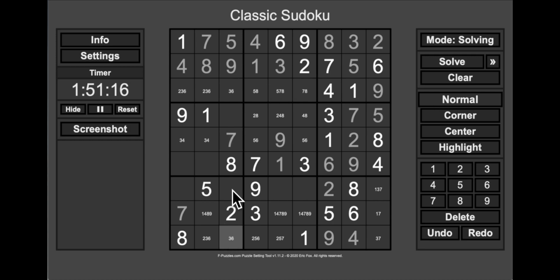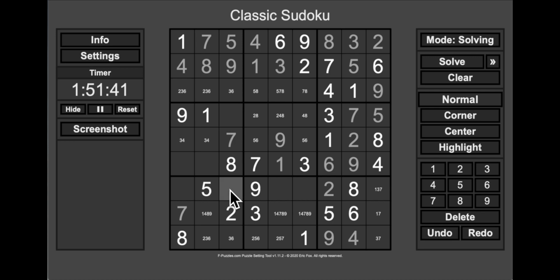This 3, 6. These are 4 and 5, right? No. 5, 7, 8, 9, 3, 6, 2. Am I going to end up with a problem in column 3? I might, actually.